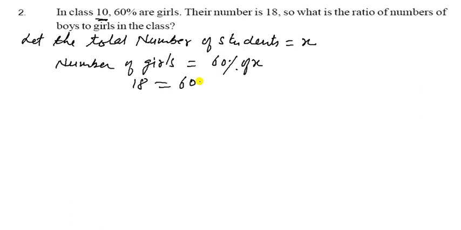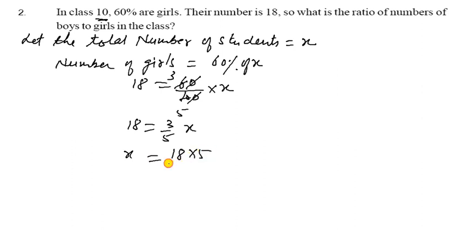So it is 60 upon 100 into X. Now calculate it. 0 cancels with 0, and 2 3 times and 2 5 times. So we get 18 is equal to 3 by 5 of X. So X equals 18 into 5 divided by 3. 3 6 times 18. So X will be 6 5 times 30. That is the total number of students.